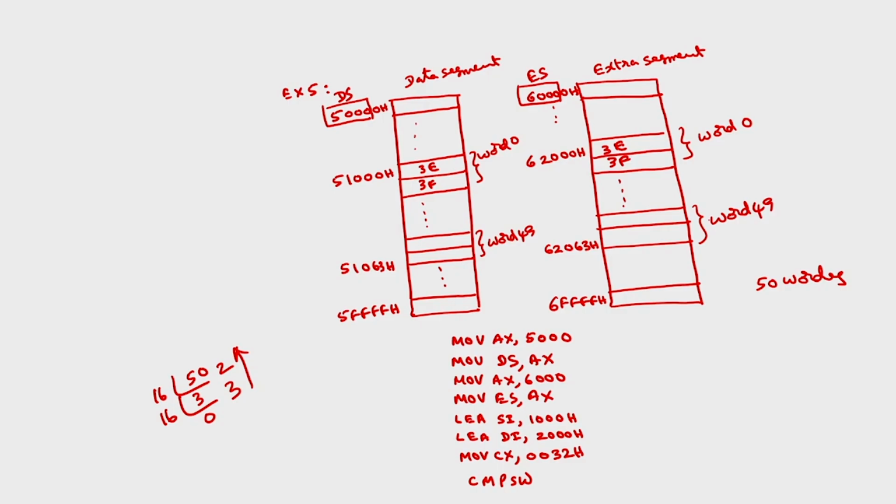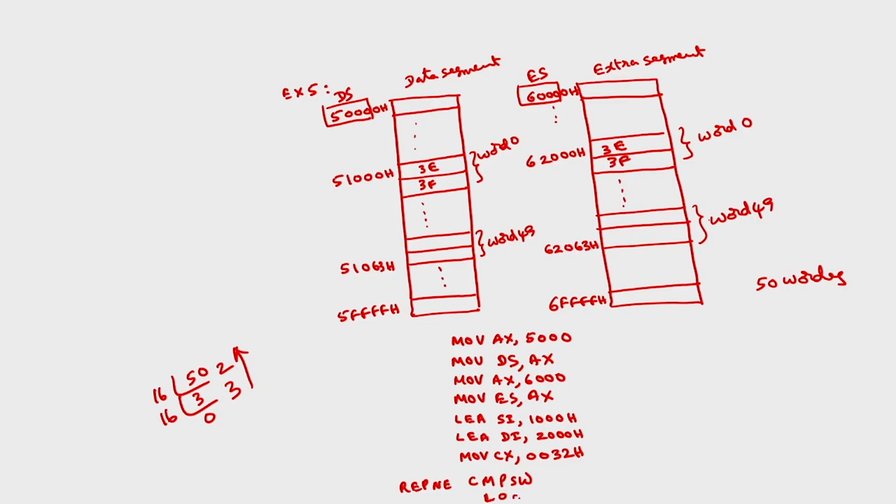If I add a prefix called repeat not equal, then only if there is no match will it continue. Without this prefix, it will come out of the loop only once the end of the array is reached. If I add this prefix, whenever a match is there also, it will come out of the loop.